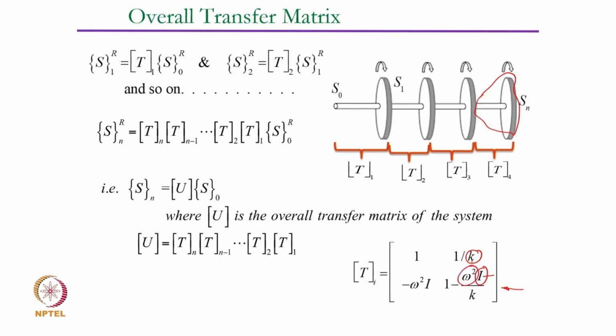What is this omega square? What is that? It's an assumed eigenvalue. It's the frequency with which this system is going to vibrate. The whole purpose of yours through this modeling is ultimately to reach that value, right? But if you are defining your state vector here in terms of this overall transfer matrix, which is going to be a product of all of these into the last state vector, you do not know this numerically, isn't it?